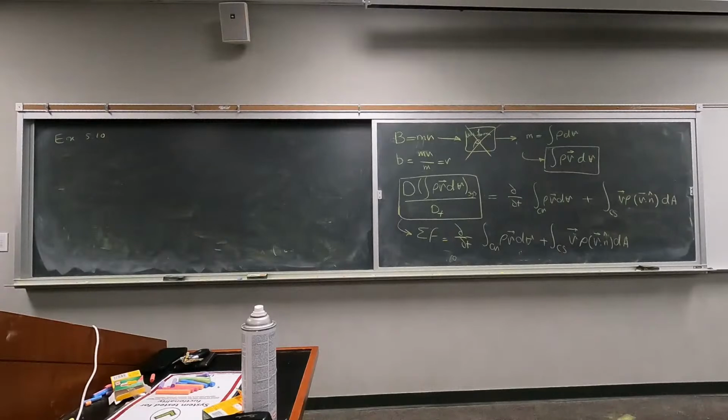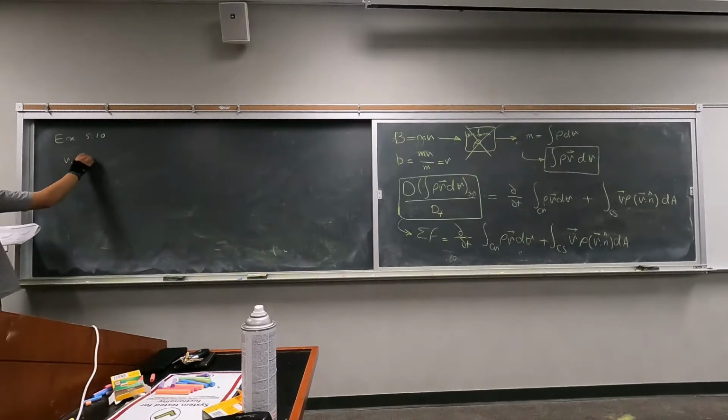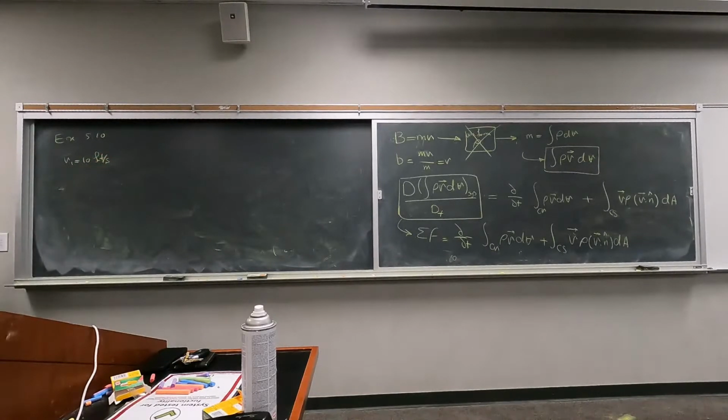It says, as shown in the figure E5.10a, a horizontal jet of water exits a nozzle with a uniform speed of V1 equals 10 feet per second. It strikes a vane and is turned through an angle theta.